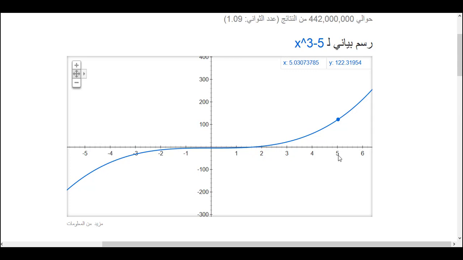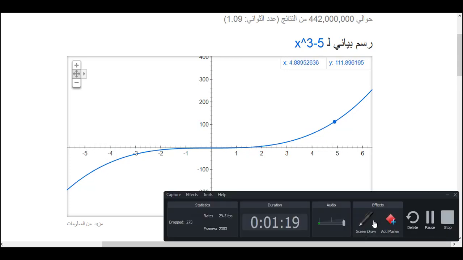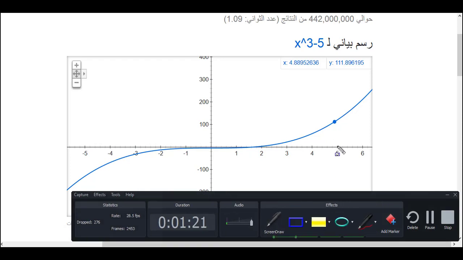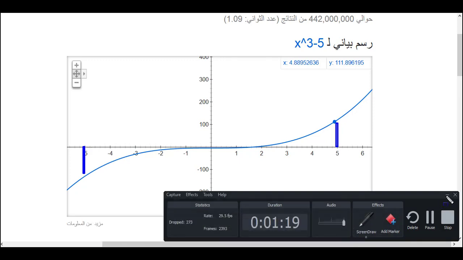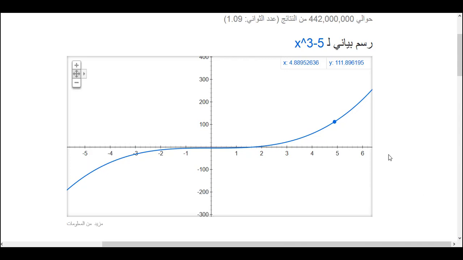Or if it's given that the root lies in the interval between minus 5 and 5.